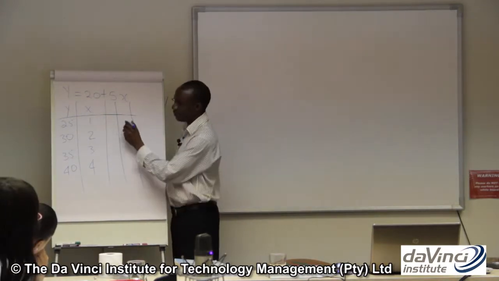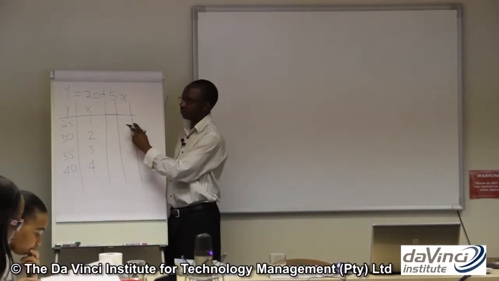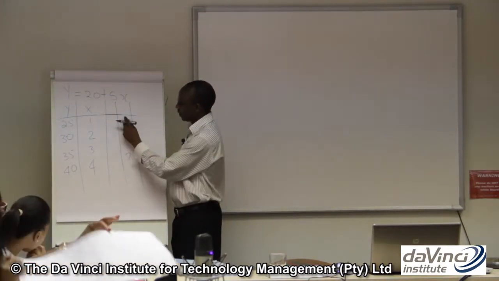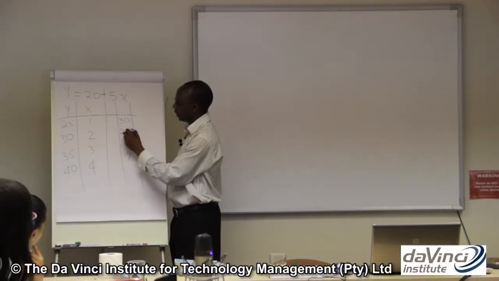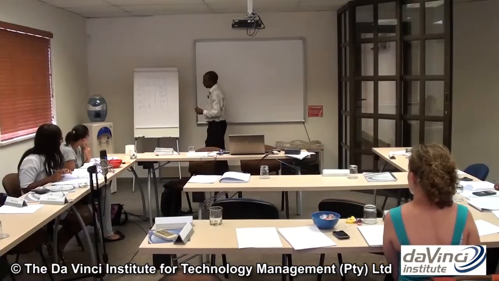What did we have as the first observation? We had a question mark there. 30, 25, 20, 40 and 40. Okay.